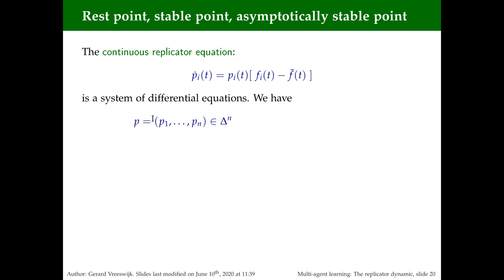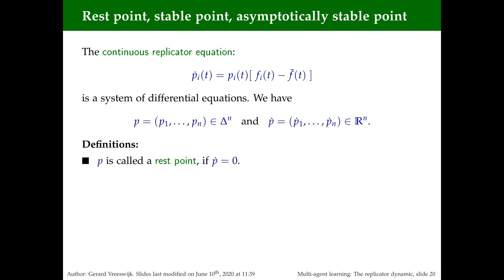So at each point of time we have a vector of proportions, and of course a vector of differences in proportions, the speed of proportions. And if there is no movement at some point, we speak of a rest point, of a steady state, of a fixed point. Rest point, steady state, fixed point. There are many other terms.